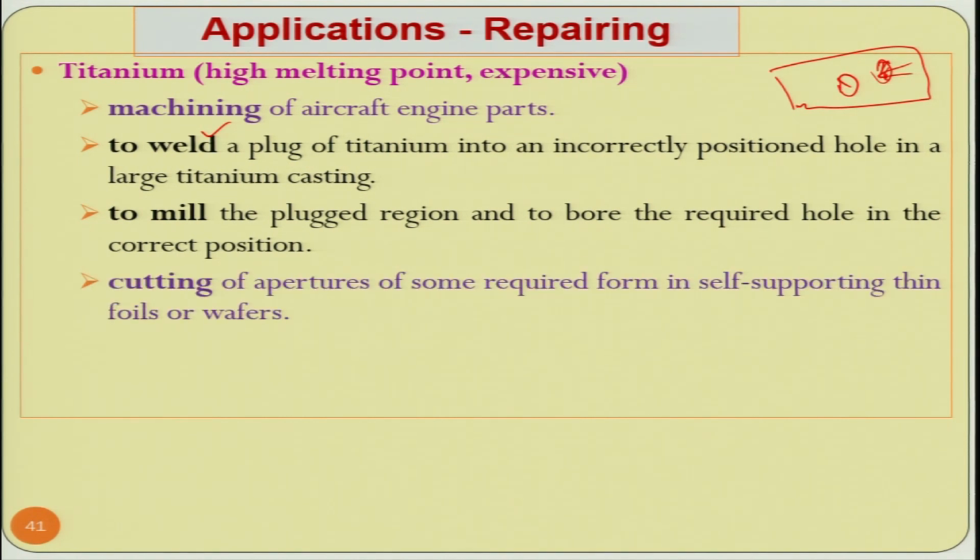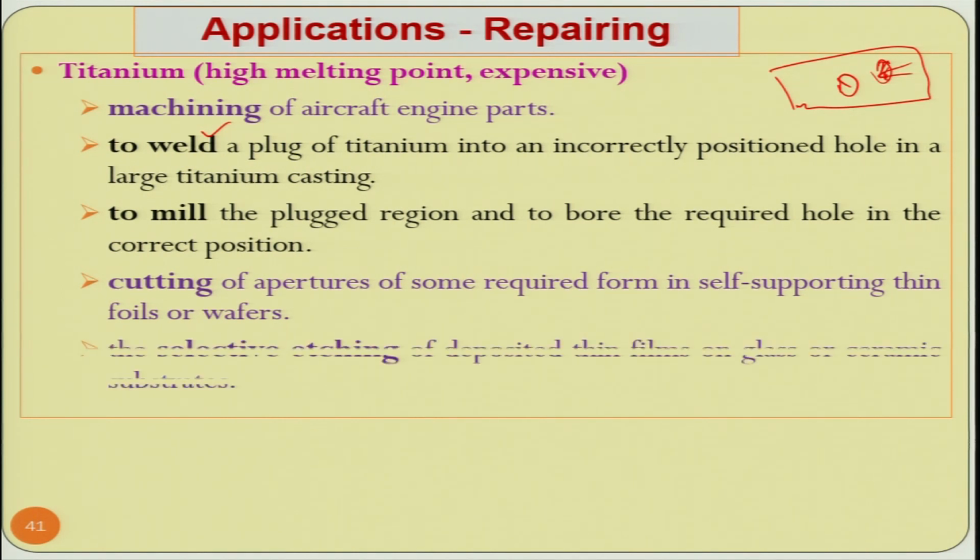Cutting of apertures of some required form in self supporting thin foils or wafers. Apertures of the required shape and size can be cut in the foils or wafers, because they are very thin, few hundred micron size or few tens of micron size, and it is really difficult to make any kind of features in these wafers.